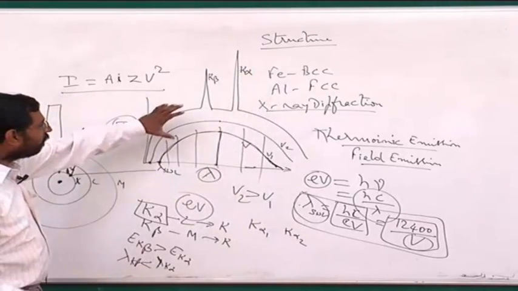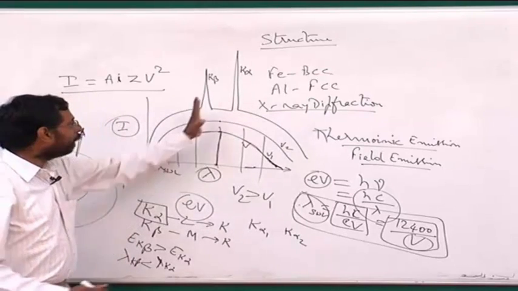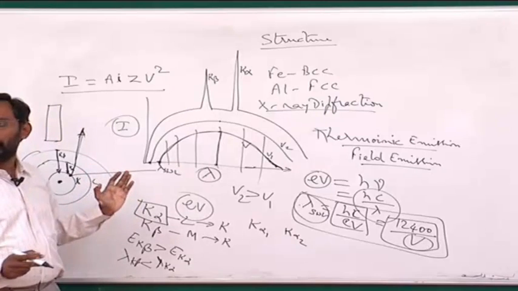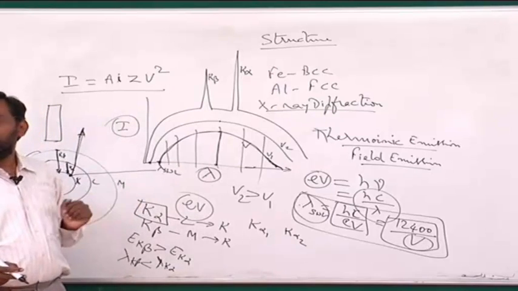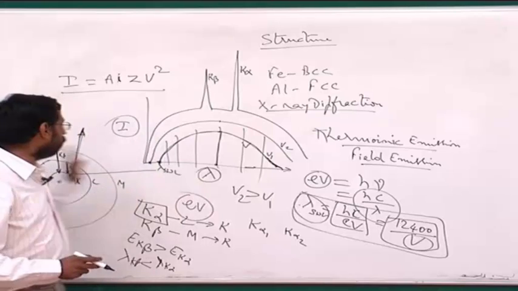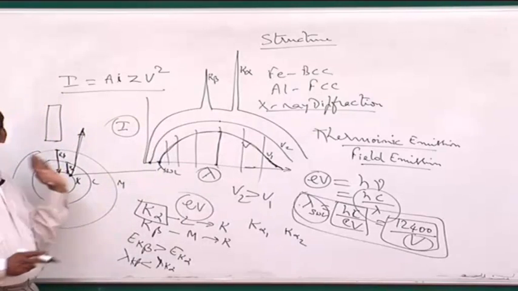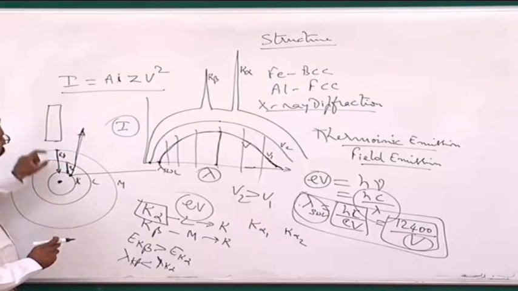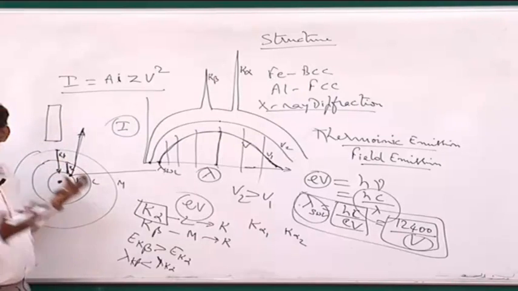So you can easily see by looking at what this energy is, and we now have standard tables available for each element, because we know for the whole periodic table what the energy differences are between L to K and M to K. All these are available with us.